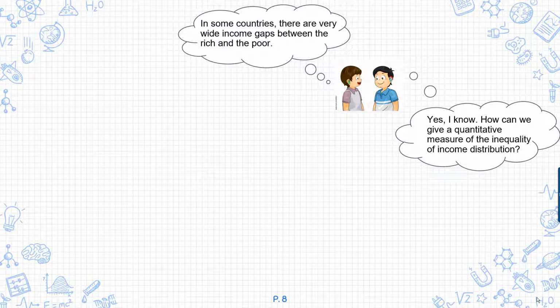See, a boy is asking his friend that in some country there is a very wide income gap between the rich and poor. What do you say about that type of country? Definitely the wide gap between the rich and poor is not good for a country. So can we somehow predict how exactly the quantitative measurement of inequality between the income imbalance is?